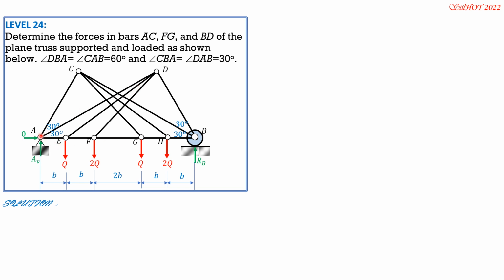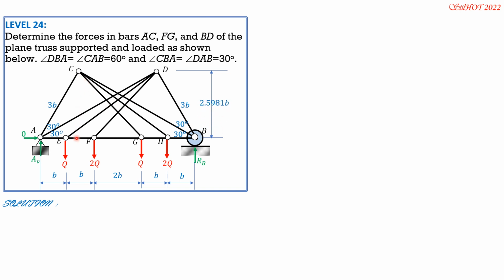Therefore, because ADB is a right triangle, 90 degrees at D, the same is true with ACB, 90 degrees at C. Therefore, this is the hypotenuse, which is 6b, sine of 30, so that means this is 3b length. That's also 3b. Then the vertical distance is 3b sine of 60, so it is 2.5981b.